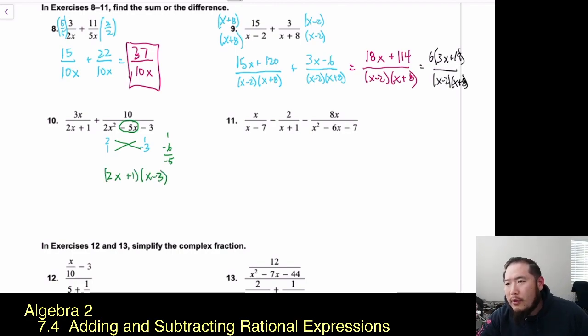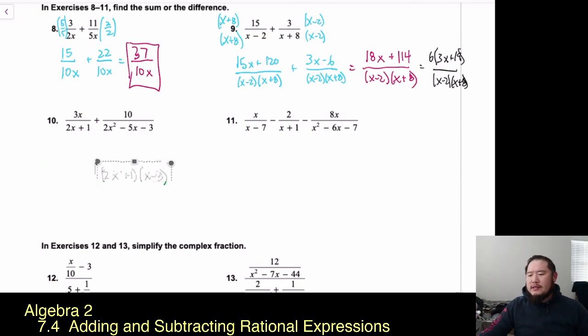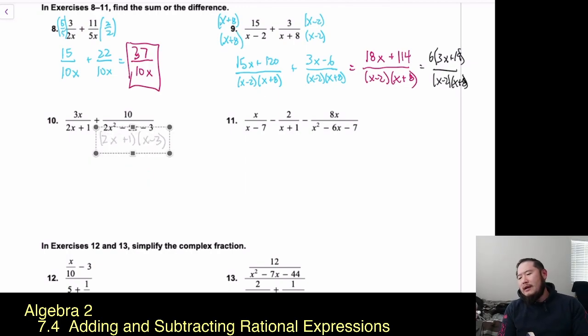So now, I'm going to go ahead and do a little bit of reorganizing. I want to erase the work that I did to get those two binomials. Let me go ahead and move that right there, because what essentially is going to happen is that I'm going to take that 2x plus 1 and x minus 3, and I'm going to substitute that for the 2x squared minus 5x minus 3.